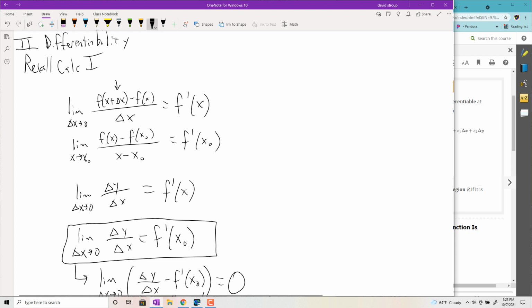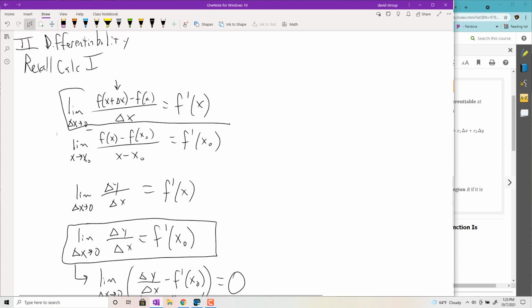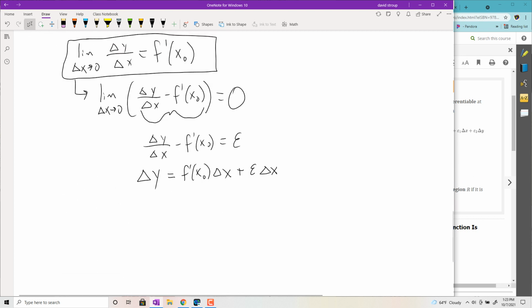It's another way of writing the thing with x sub 0 in it. It's just like back in Calc 1: if the limit of that difference quotient exists, then it's differentiable.